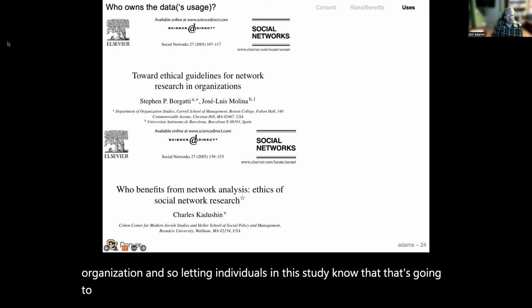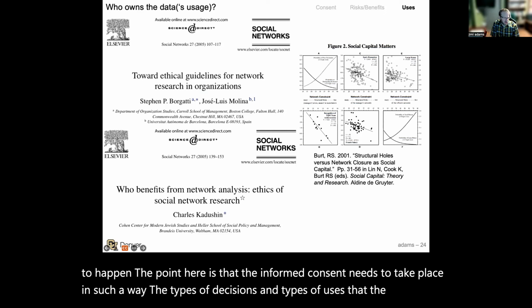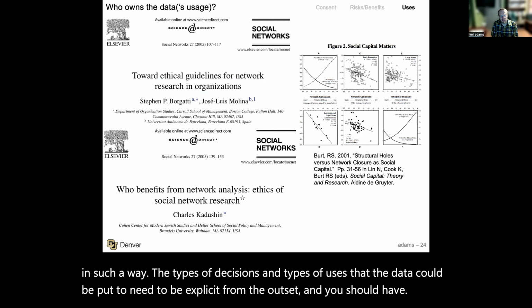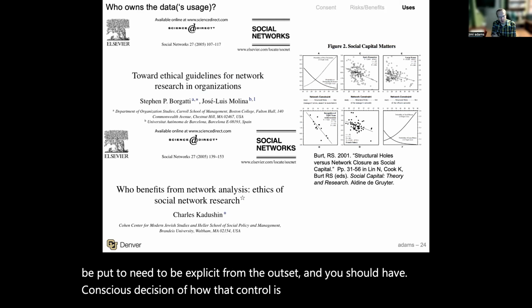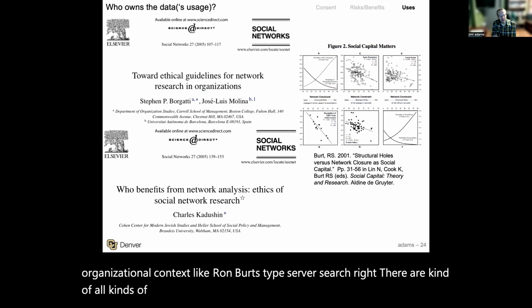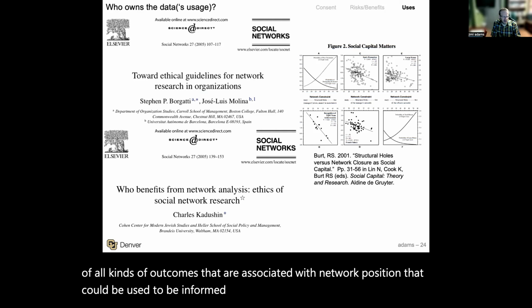The point here is that the informed consent needs to take place in such a way that the types of decisions and types of uses that the data could be put to need to be explicit from the outset, and you should have a conscious decision of how that control is maintained. Because in organizational contexts like Ron Burt's types of research, there are all kinds of outcomes that are associated with network position that could be used to inform strategies that I think are important to be cognizant of.